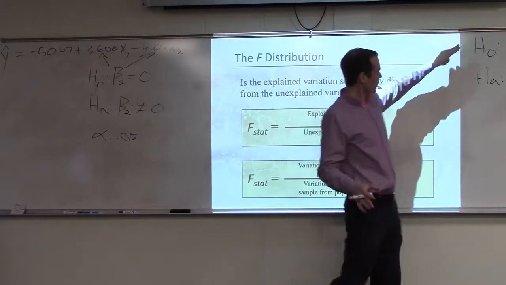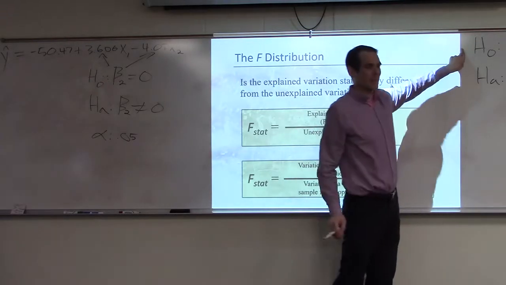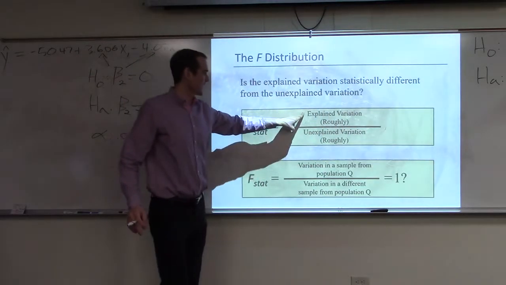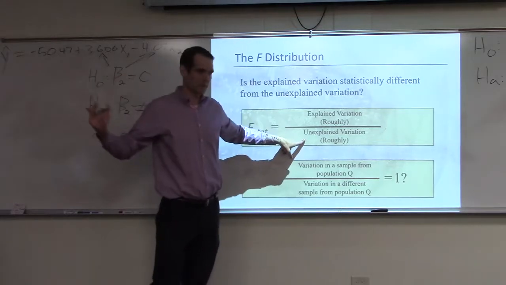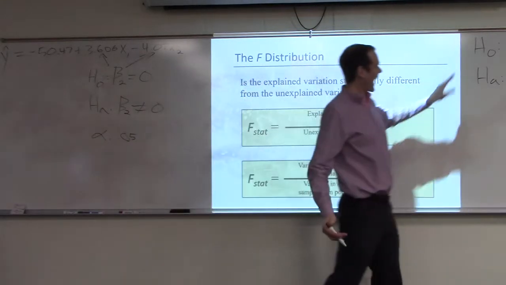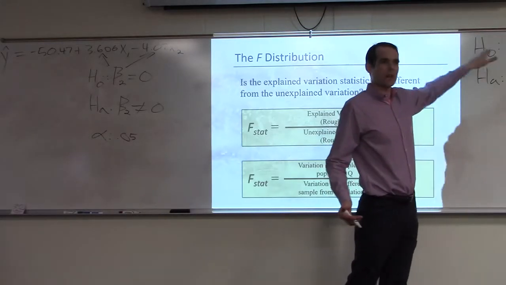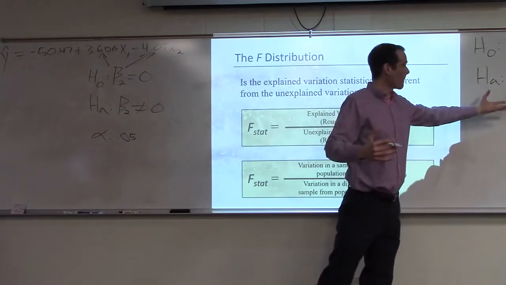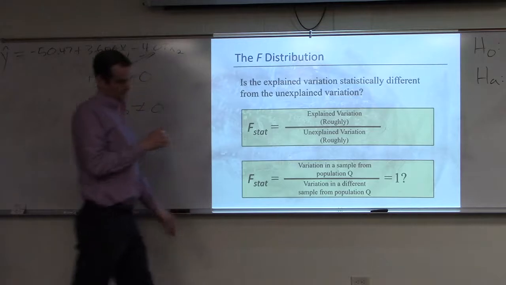So let's assume the null hypothesis, everything is equal to 0, no predictive value anywhere. Then let's look at the sample data: explained variation over unexplained variation. Well, if it's 10, we might consider that highly unusual given this assumption, and we would reject this and assume the alternative, that one or more of the slope coefficients is useful and not equal to 0.